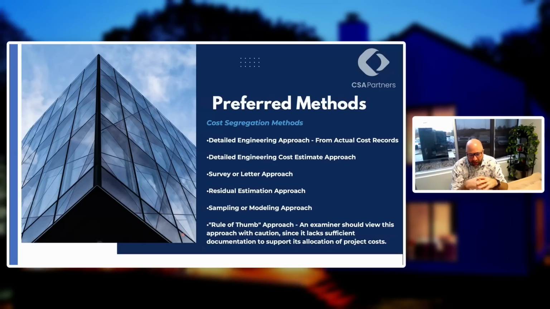I want to skip down to number 6, which says a rule of thumb approach. Again straight from the audit guide, it says an examiner should view this approach with caution since it lacks sufficient documentation to support the allocation of project costs. So this is a smart group. My question would be, is number 6 preferred or not? Because in the IRS audit guide, it's listed under the preferred methods, but then it tells you don't do it this way because it's hard to substantiate.